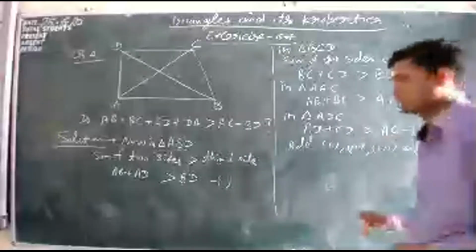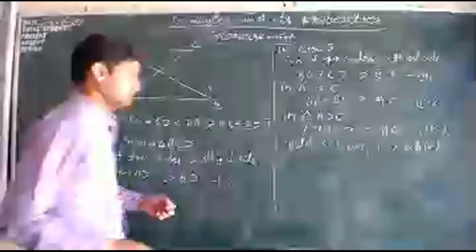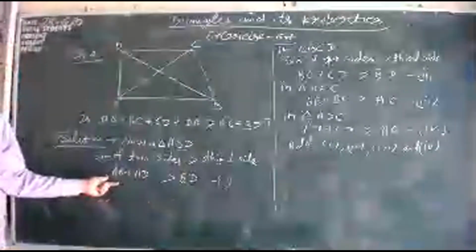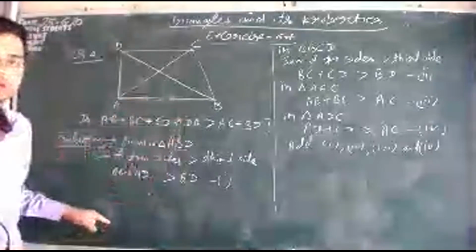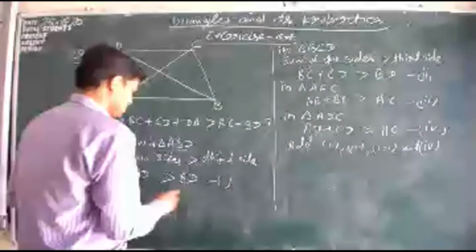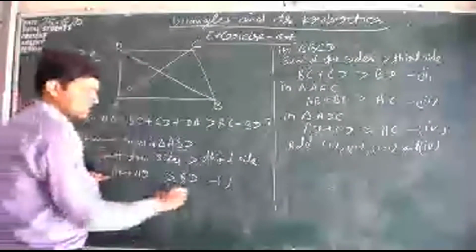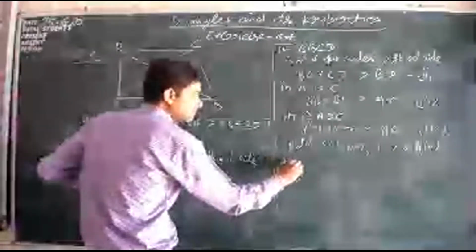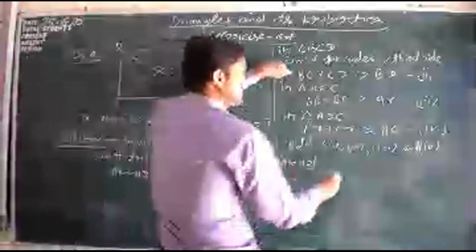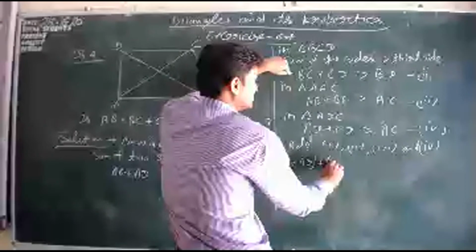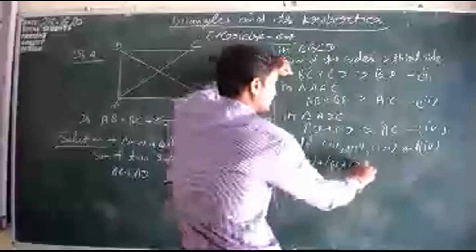Next, add these inequalities. It means the LHS should be added with LHS and the RHS should be added with RHS. The first inequality has AB plus AD on the LHS. The second inequality has BC plus CD. The next one has AB plus BC. The next has AD plus CD. Clear?